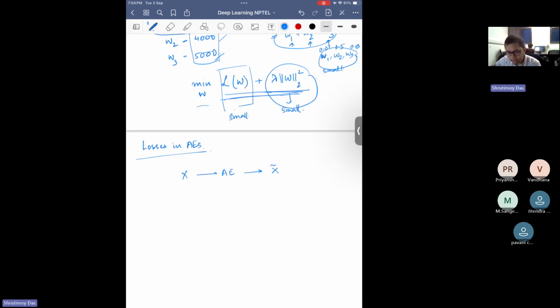Now before this, when we were talking about regression and classification, what type of losses are we talking about in regression? During regression, do we take the square error loss or do we take the entropy loss?